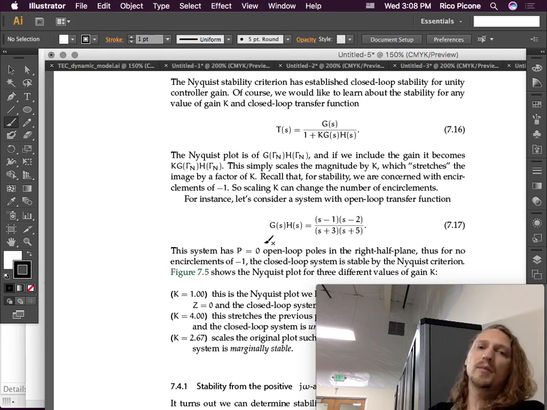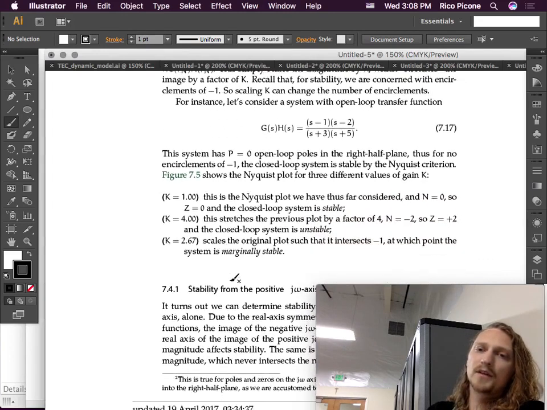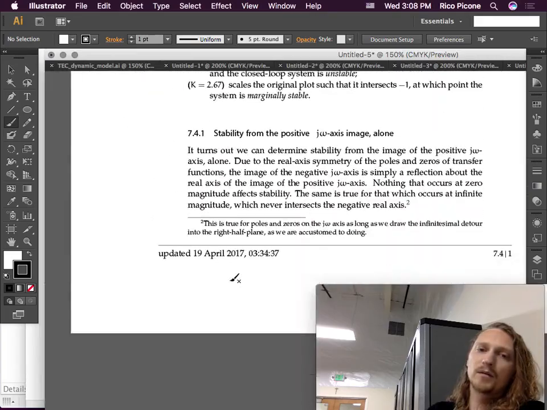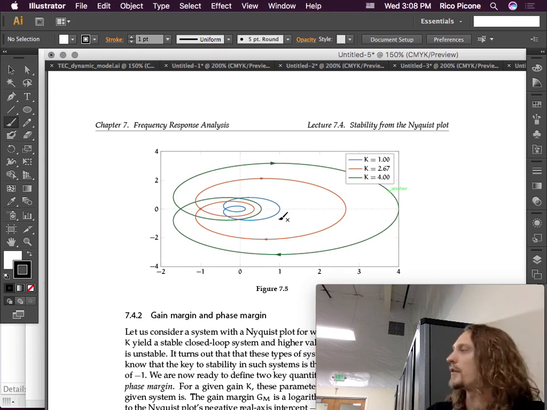Figure 7.5 shows the Nyquist plot for 3 different values of gain k. So that figure is here. If the gain is just 1, then we have this Nyquist plot, and it's stable.